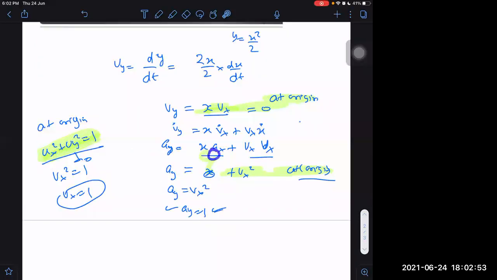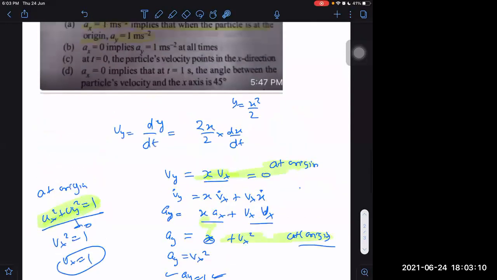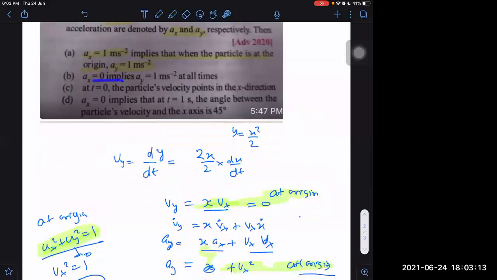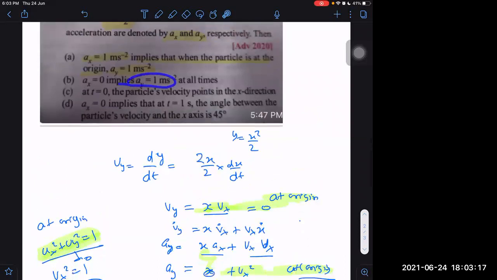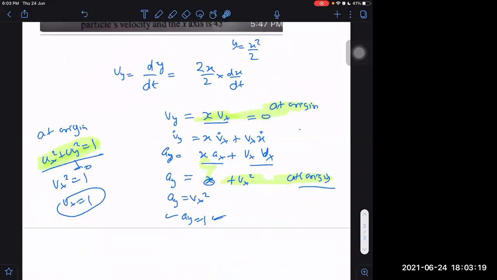When ax is equal to 0, yes, sir, then ay will be equal to vx square, right? That's it, sir. No, maybe some other conclusion we can also draw. Let us check once. ax is 0 implies ay is equal to 1 meter per second square at all times.